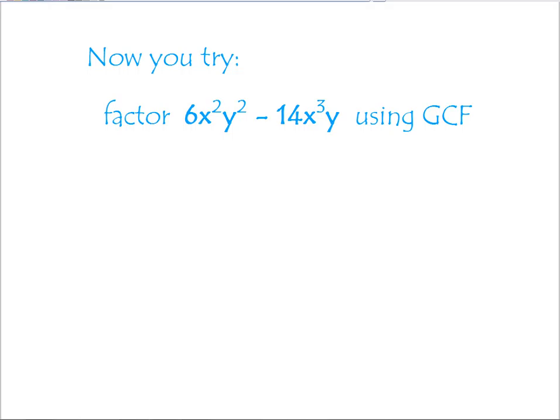Now I would like you to try one on your own. I would like you to try factoring 6x squared y squared minus 14x to the third y using the greatest common factor. Pause the video so you can try this in your notebook and then resume the video when you're done.